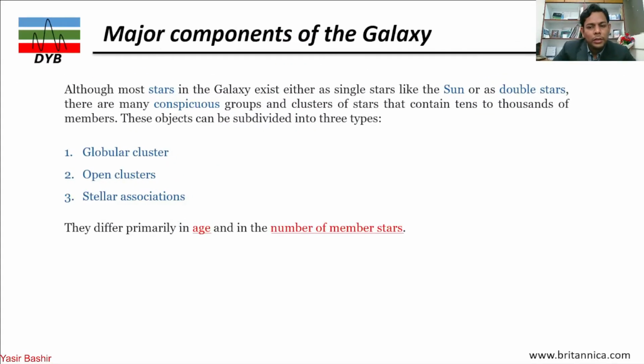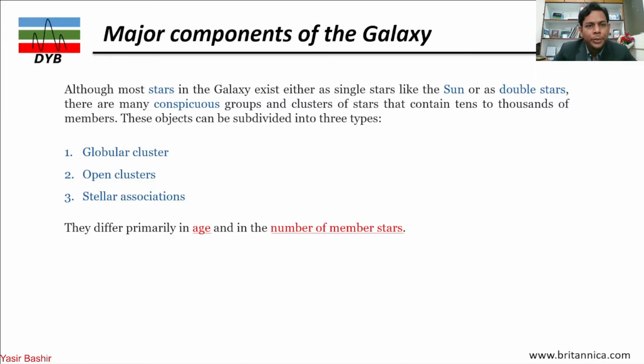Now looking at the major components of the galaxy. The main components of galaxies are stars, and these components can be divided into different types related to the age and number of stars.